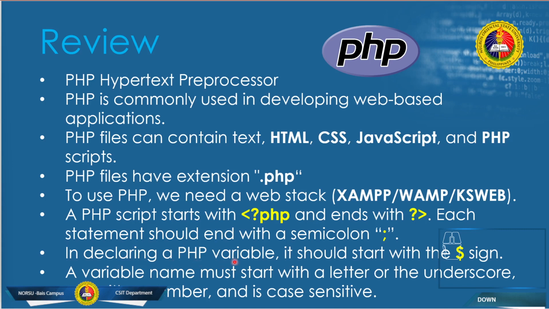In declaring a PHP variable, it should start with a $ sign. Alright? So if you can remember back when we were still discussing C++, to write a variable, we have to define the data type and then the variable name and then initialize the value. But in this case in PHP, we just have to write it with a $ sign.